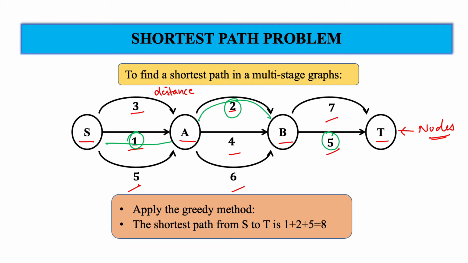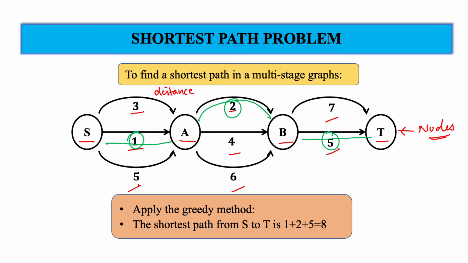So if a person wants to travel from S to T, the minimum distance will be S to A is 1, A to B is 2, B to T is 5.